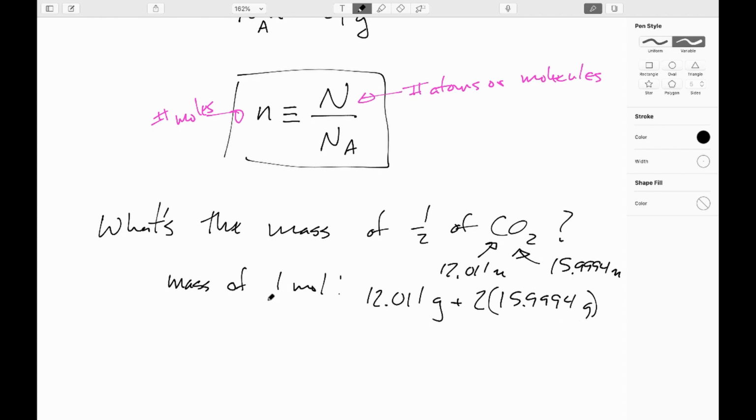But I didn't ask for 1 mole, I asked for half a mole, so we'll divide them all through by 2 to get that it is 22.0049 grams. All right.